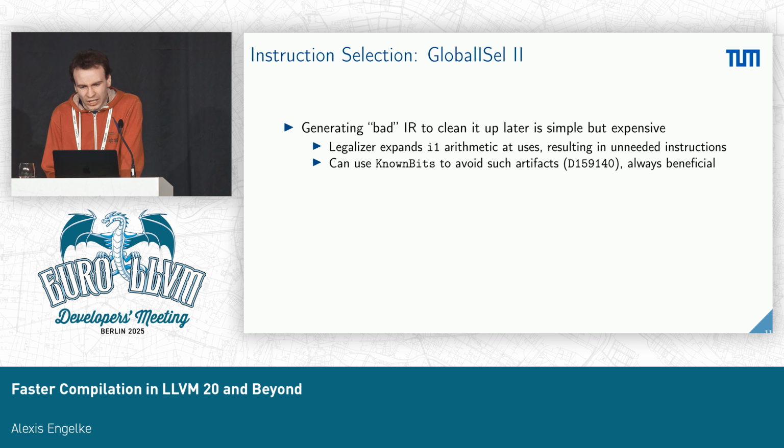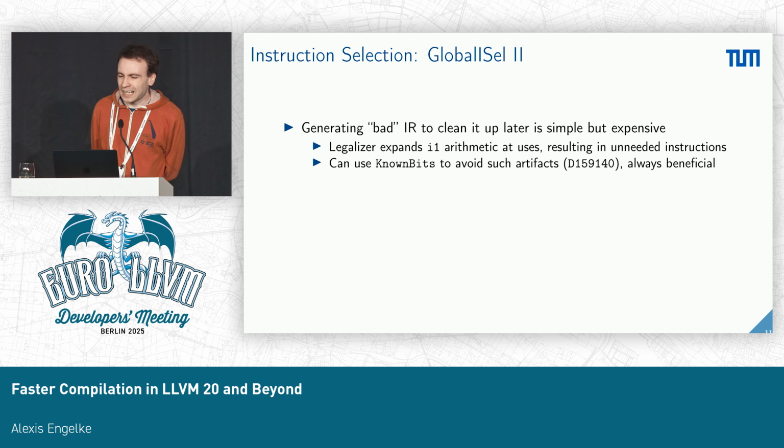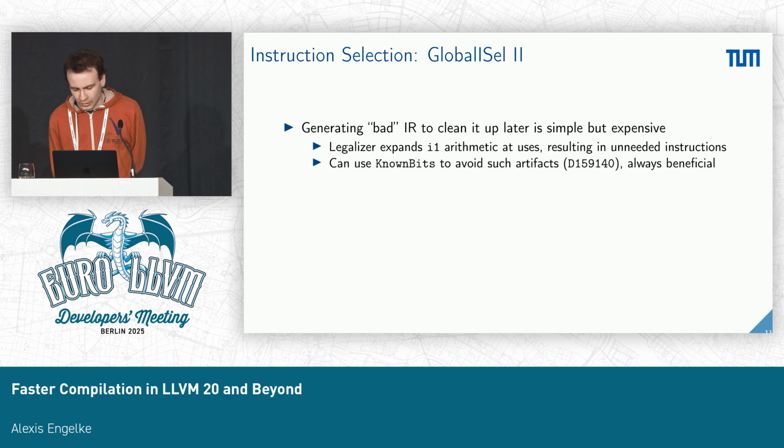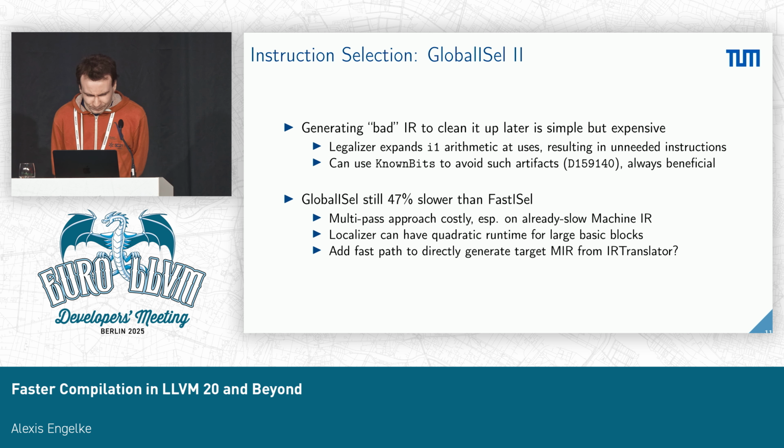Okay, another change was that the legalizer now generates less bad IR for things like i1 arithmetic that is not legal, and using known bits can avoid generating such artifacts. Known bits, even though it is not exactly cheap, is always beneficial. Even at O0, it uses a reduced recursion depth.